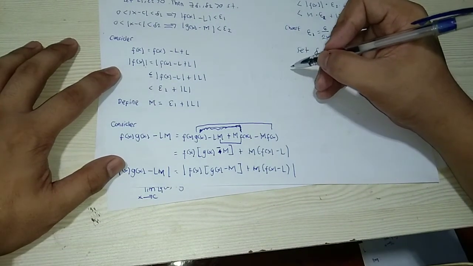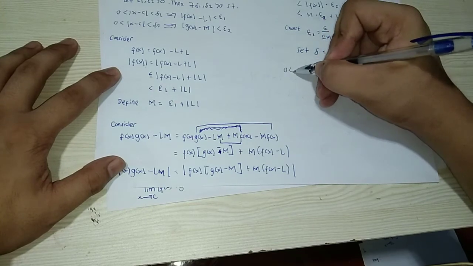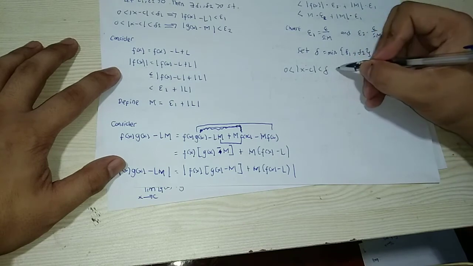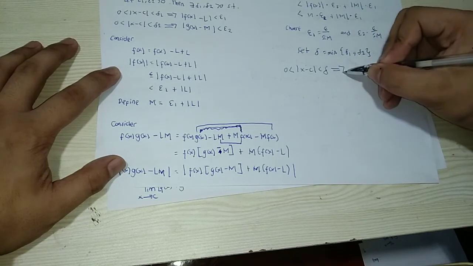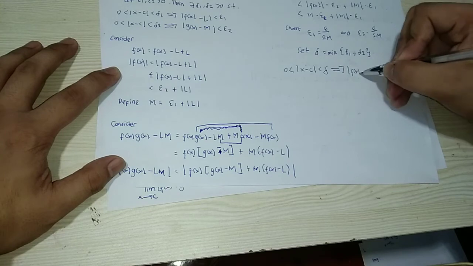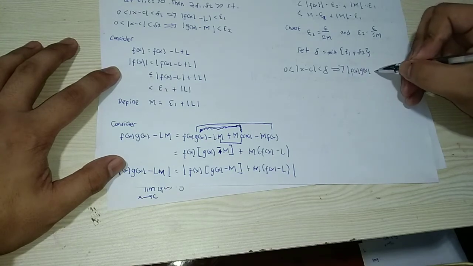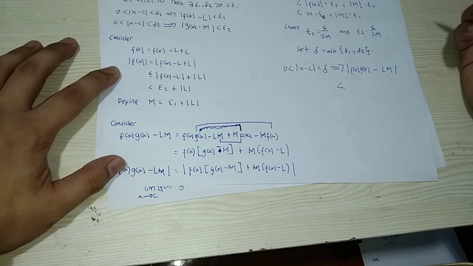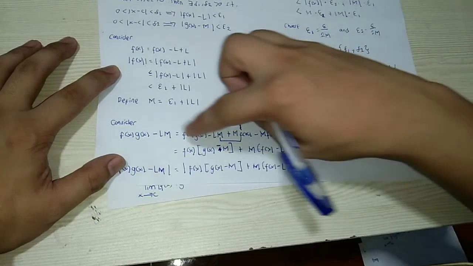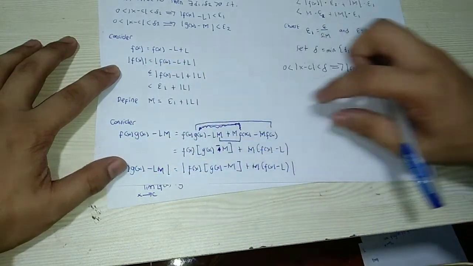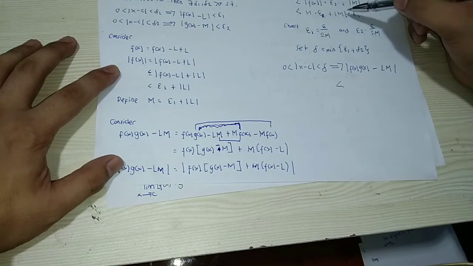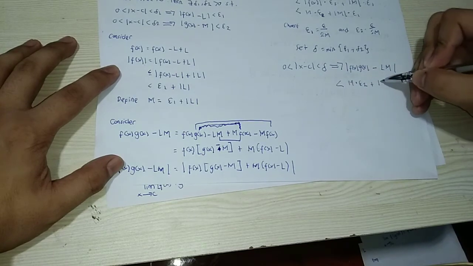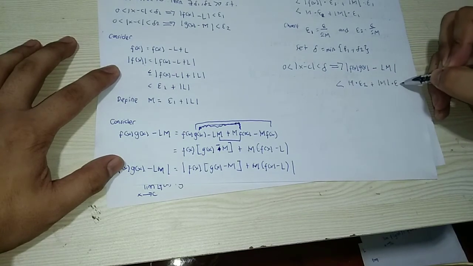So, by definition of limit, pupunta na tayo sa limit uli. Absolute value of x minus c less than delta implies absolute value of f of x, g of x minus lm is less than, so eto ay less than, yung ginawa natin kanina, m times epsilon sub 2 plus absolute value of m times epsilon sub 1.